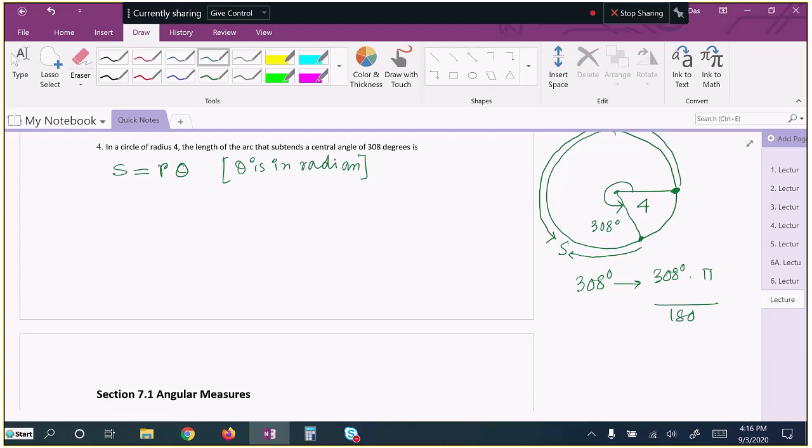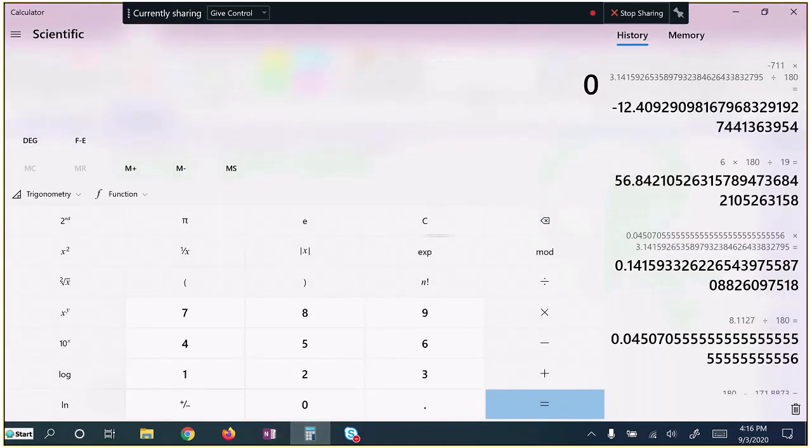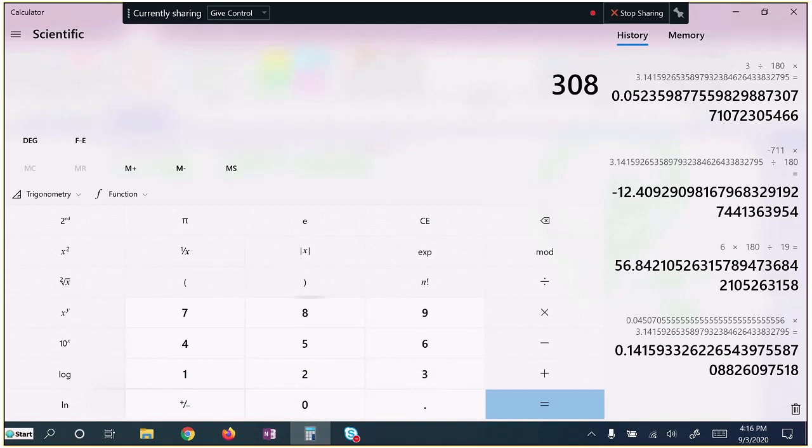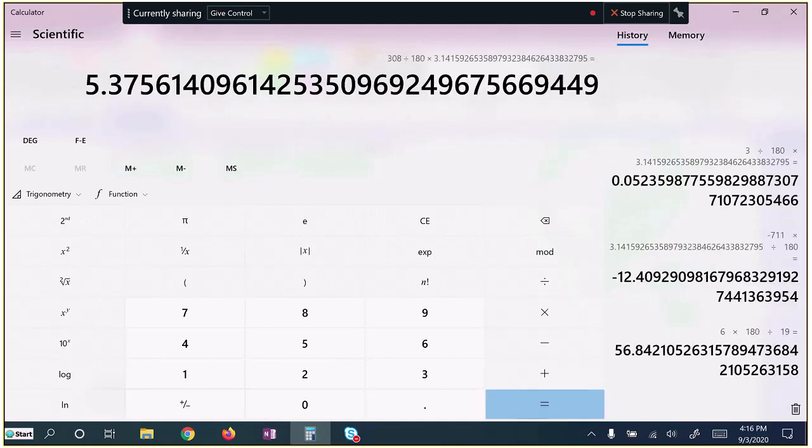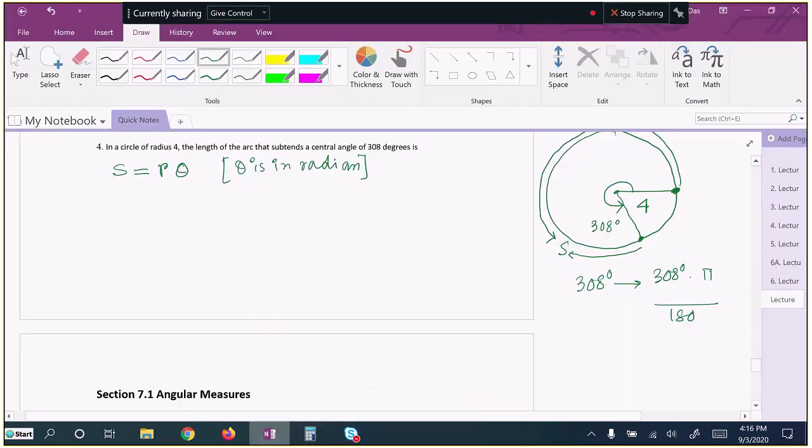And let's use calculator again. So 308, I divided it by 180 and multiply by pi. So it should be 5.3756 radians.